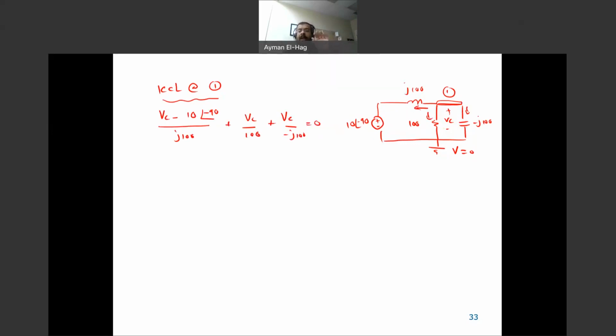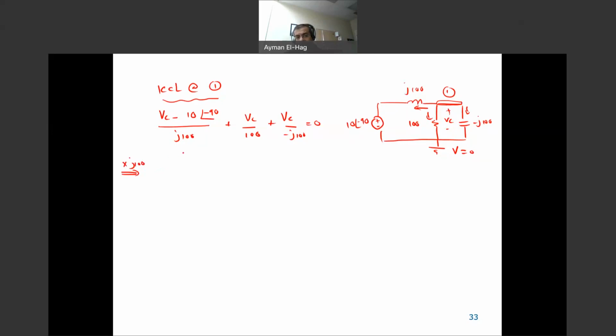It's very straightforward. Now here's a hint. The best way to approach this problem, you want to get rid of any j in the denominator. So one way to do that, I will multiply the whole equation by j100.